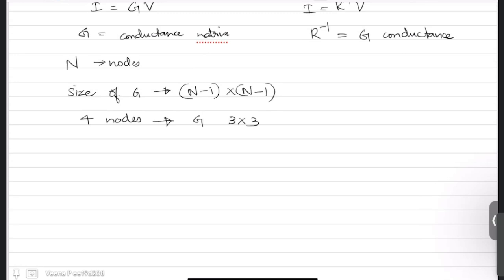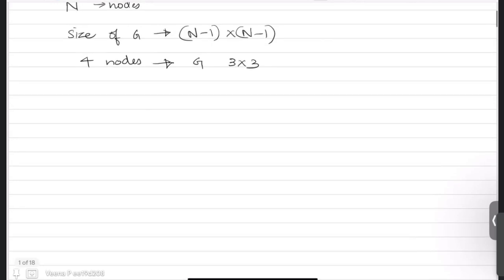And I hope you all are familiar with matrix multiplication. So if you have an m by n matrix, the first number corresponds to number of rows and the second number corresponds to number of columns.